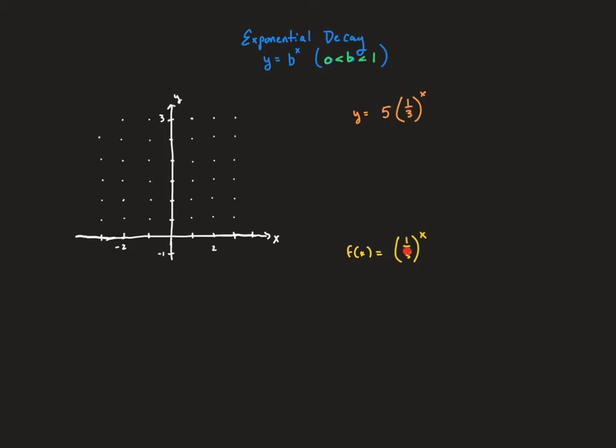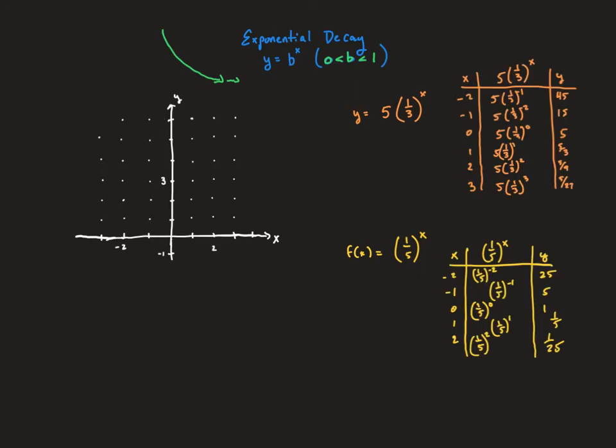In this equation, if my b value is 1/5, every time x goes up 1, I multiply by 1/5. So it's going to be taking it away and making it smaller. And in essence, this graph will look like this because the larger my x value gets, the smaller my y value will be. So we'll do some tables here and then graph.